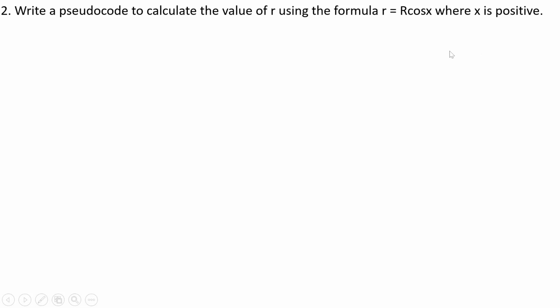Now, I must mention that when you hear something like where x is positive, it means they've given you a condition. So whenever there's a condition in a question, then you must use a decision box.